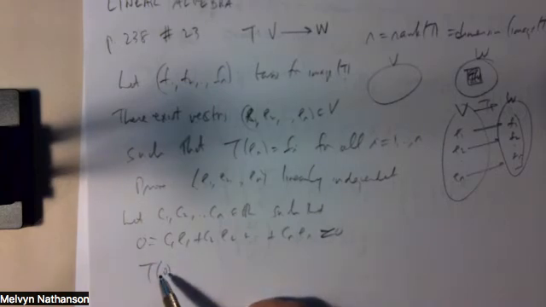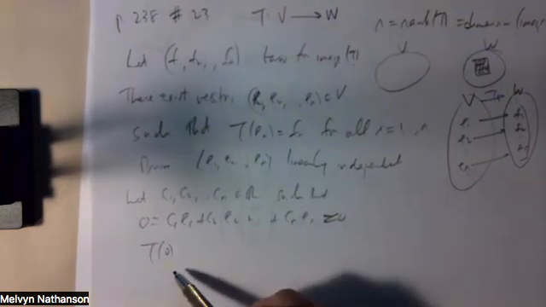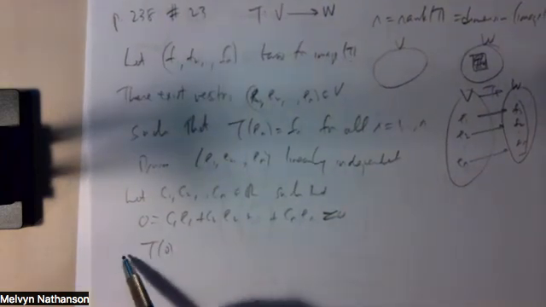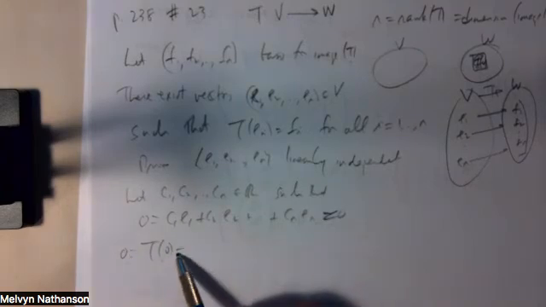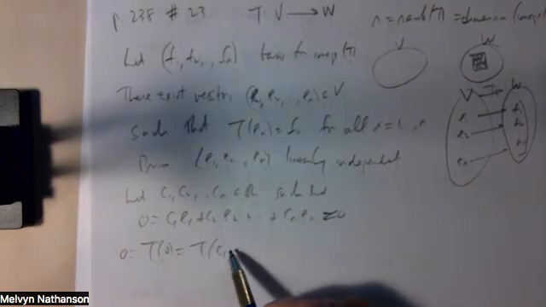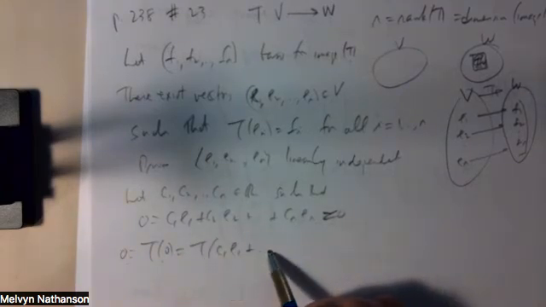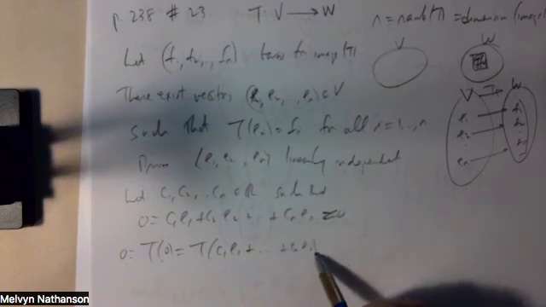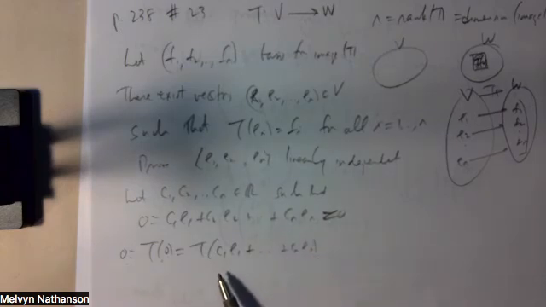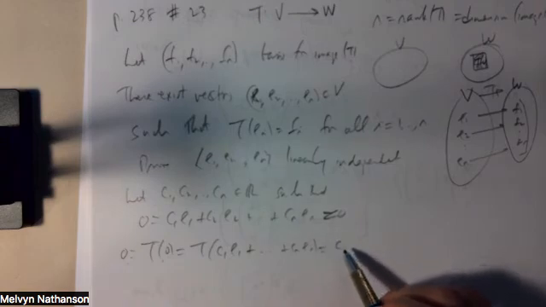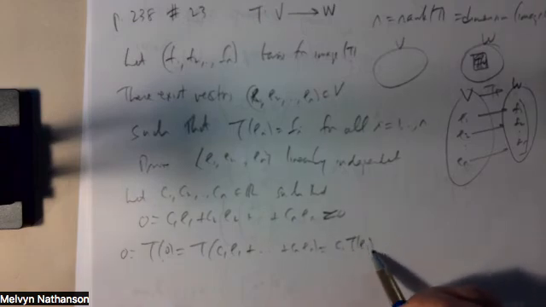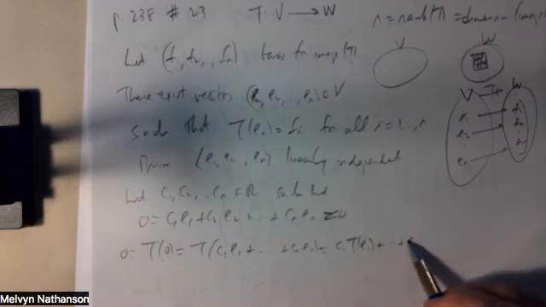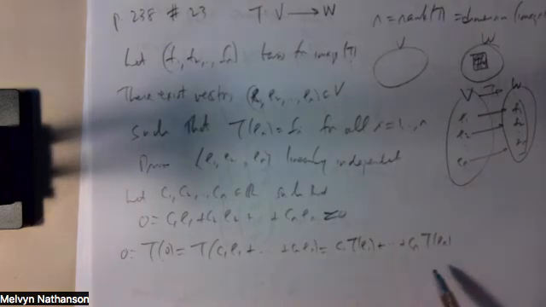But a linear transformation always sends the 0 vector to the 0 vector. So 0 is T of 0. So that's T of C1 E1 up to CR ER. By linearity, because T is a linear transformation, this is C1 T of E1 and so forth up to CR T of ER.